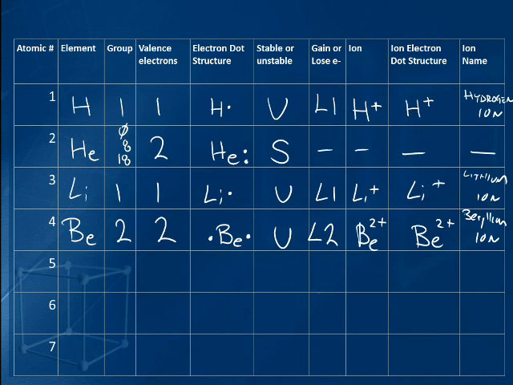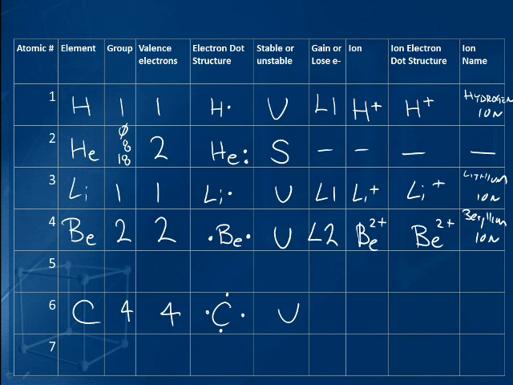Let's go down to atomic number 6, which is carbon. Now this is in group 4. Valence electrons would be 4. The dot structure, they have a dot surrounding it. Now it is unstable, but the thing is, these ones in group 4 really don't form ions.